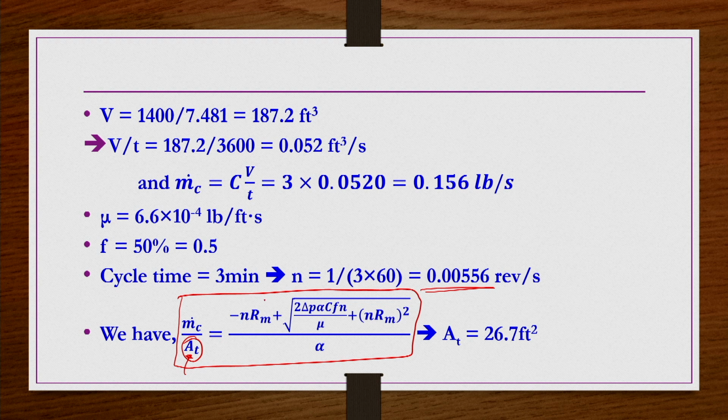Rm is known, N we just calculated, delta P is given, alpha is known, C is known, F is known as 0.5, mu is known, and m dot c is also known. So, the only thing unknown is AT. When you substitute all these values and simplify, you will get that value as 26.7 feet square.